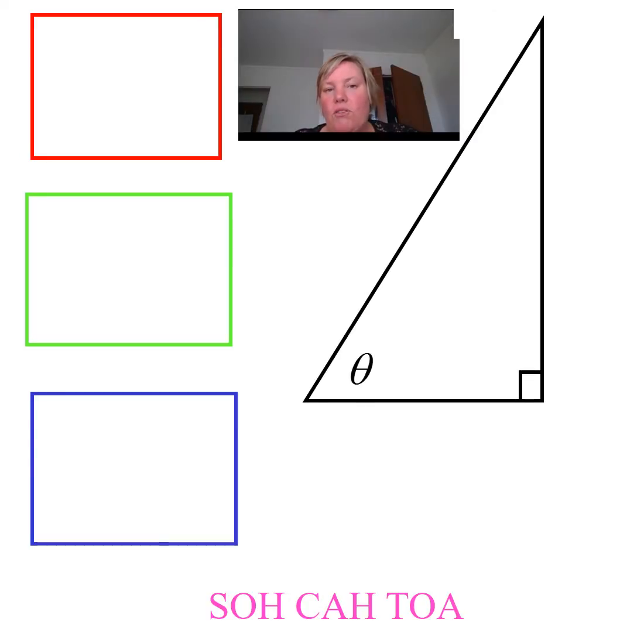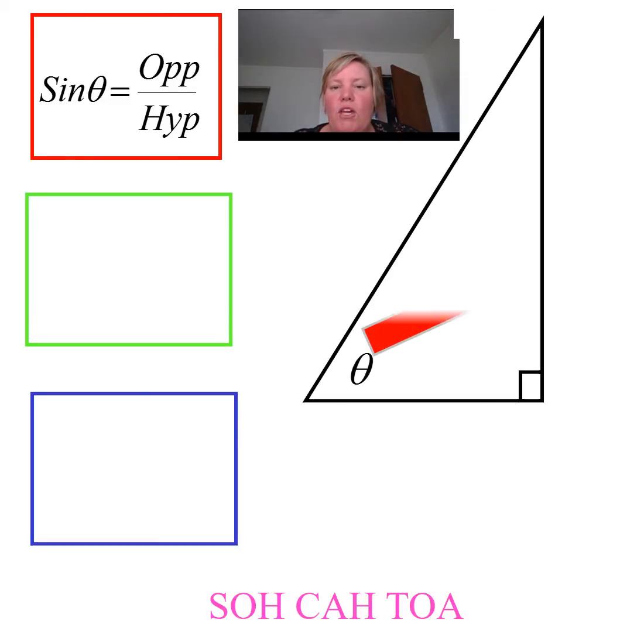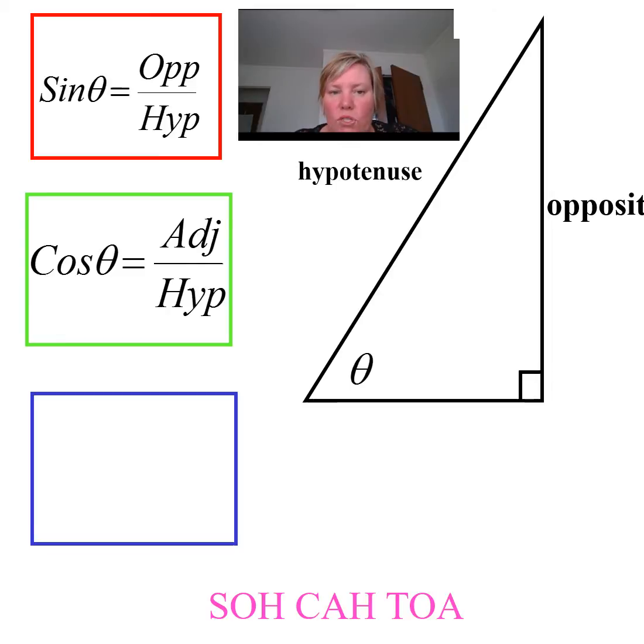Okay, so let's have a look at the ratios. First of all, if you are using sine theta, then you are going to use the ratio, or the fraction, of the opposite side, that one there, over the hypotenuse. So when you have the opposite and the hypotenuse together, you're going to use sine. And when you have cosine, you'll see that it uses different sides.